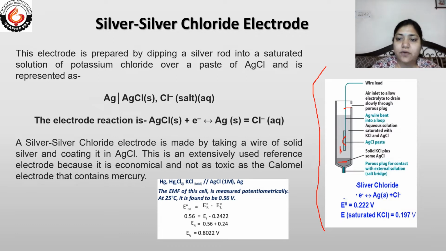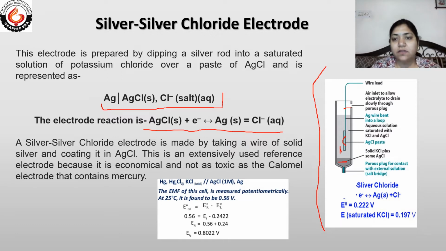This electrode is very stable in laboratory conditions, and it can be used easily. The complete cell is given by this, and the electrode reaction is this. So a silver electrode is made by using the silver chloride paste, silver wire, and KCl solution. These three things are required.